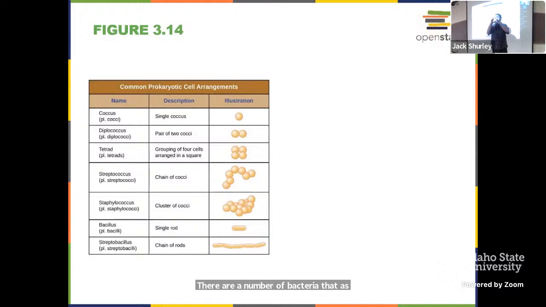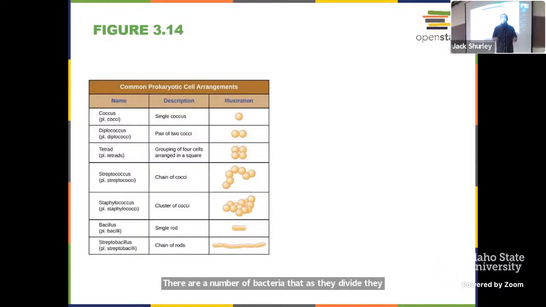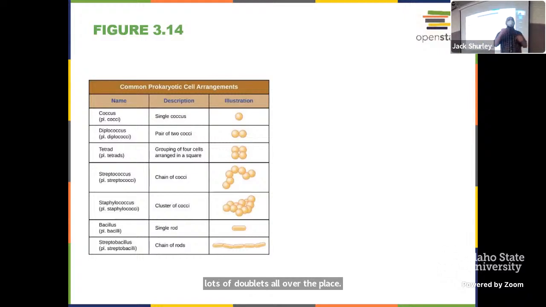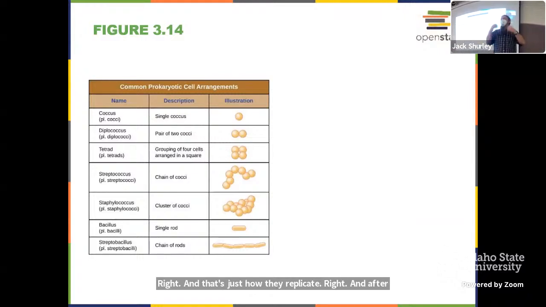So you get two of them linked together, diplococci, and you will oftentimes see lots of doublets all over the place, right? And that's just how they replicate. And after you've got those doublets, then they will go on and replicate and you get more doublets, all right? That is really what's happening.